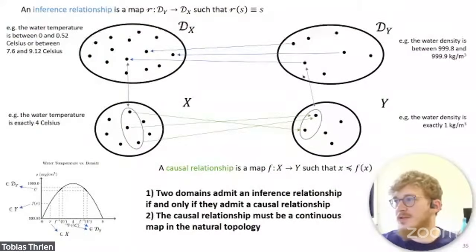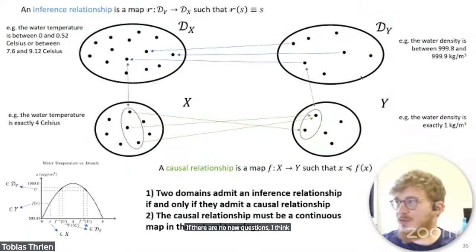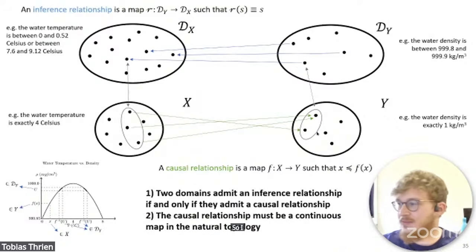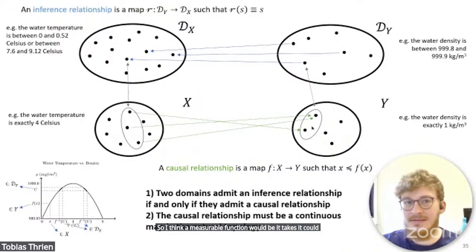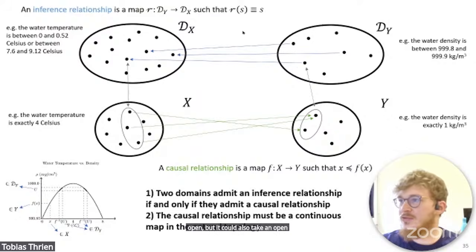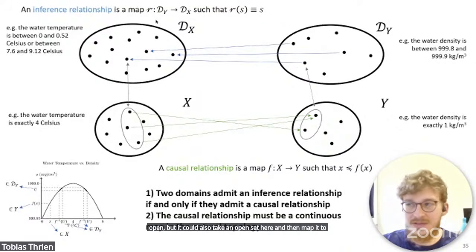If there are no new questions, I think I just understood the first question a bit better. Maybe I can add something to that. He asked about what about measurable functions. So I think a measurable function could take a set here that is not necessarily open, or it could take an open set here and map it to not an open set, just a measurable set.